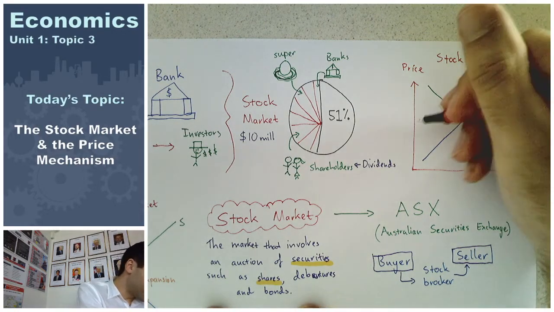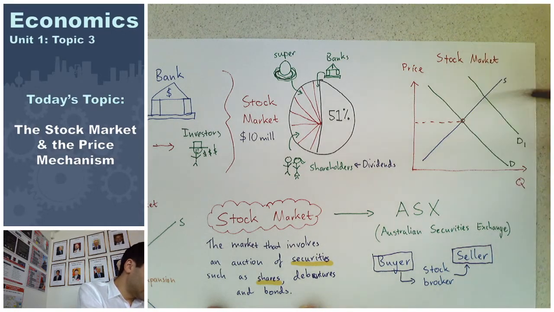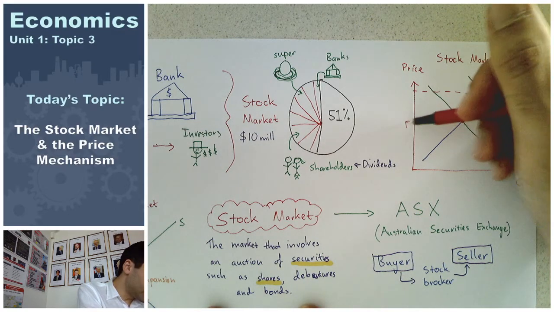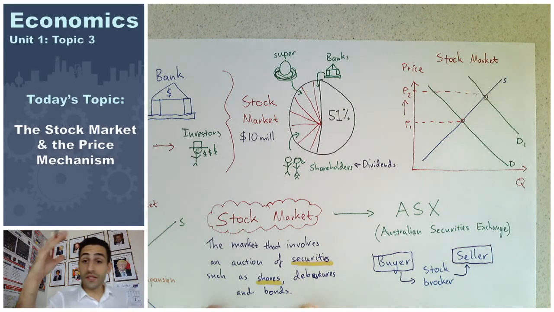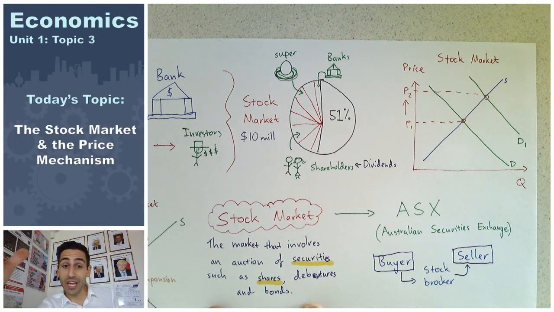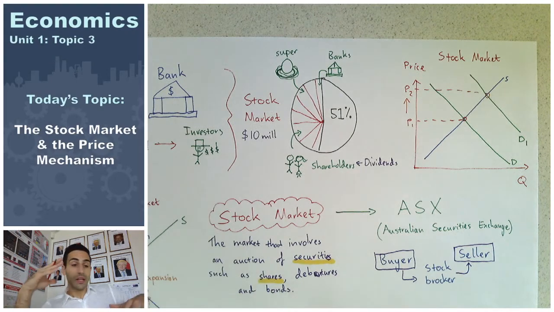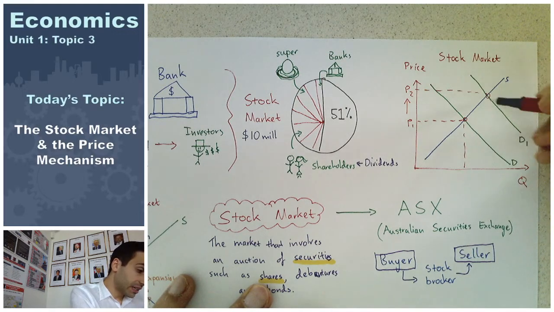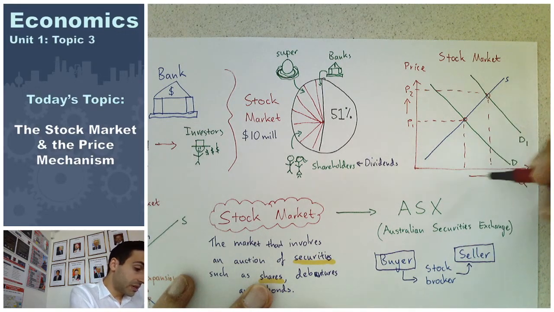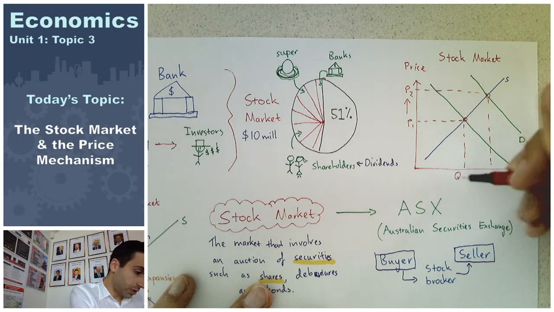Now, what we actually see happening here is the increase in demand is forcing the price of shares to go up. So the price is going up, yet we are demanding more shares.